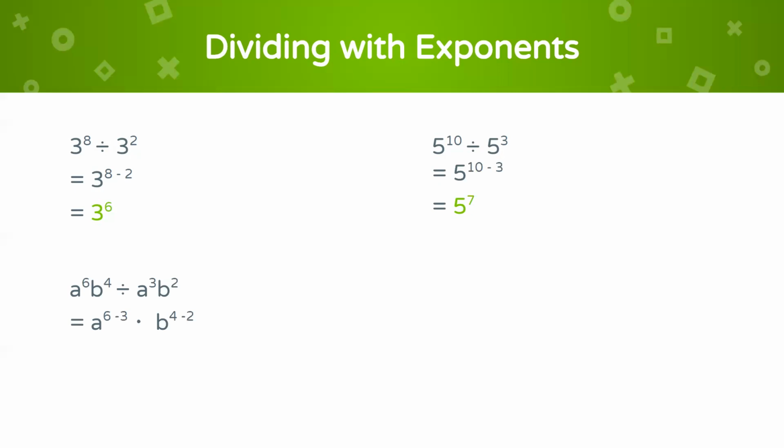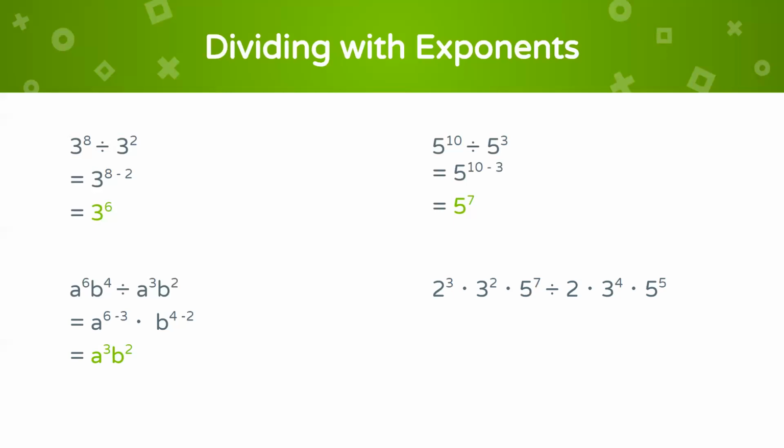We have a to the power of 6 minus 3 times b to the power of 4 minus 2. That split is useful because we can then apply the rules to each pair that has the same base. Once you've done that subtraction, you'll get a to the power of 3 times b to the power of 2. We can't simplify any further than that, so we can just leave the expression like this.